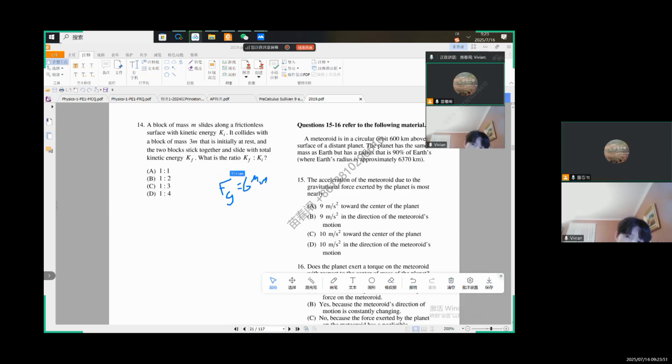Yes, use that. Over d squared. d is 600, 600 squared.